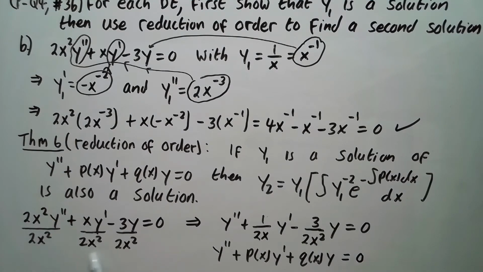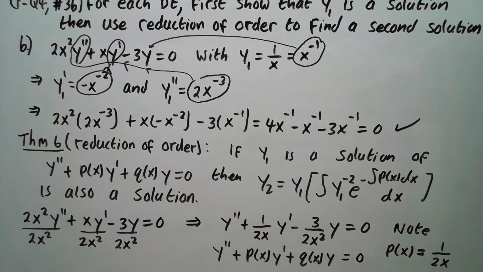So simplifying, this will be y double prime plus 1 over 2x y prime minus 3 over 2x squared y equals 0. So it looks like the p is going to equal 1 over 2x here. Okay, so our p of x is 1 over 2x.